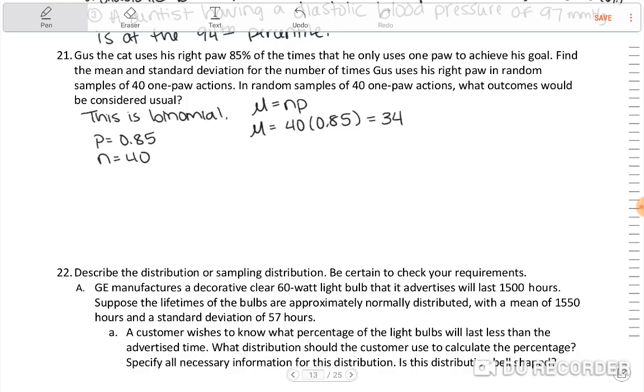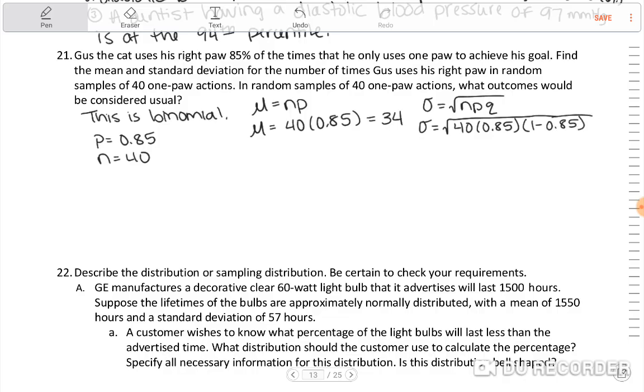Okay, and then our standard deviation is the square root of NPQ. Well, my N is 40, my P is 0.85, and my Q is just 1 minus P. So I'll just put 1 minus 0.85, like that.